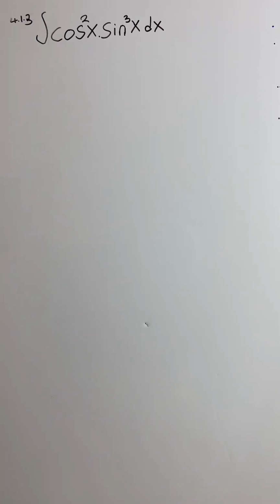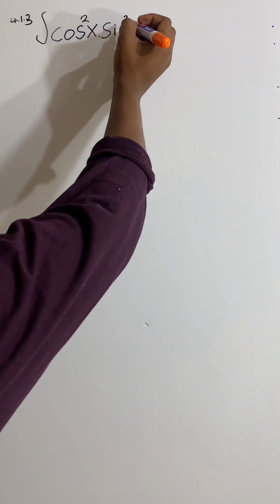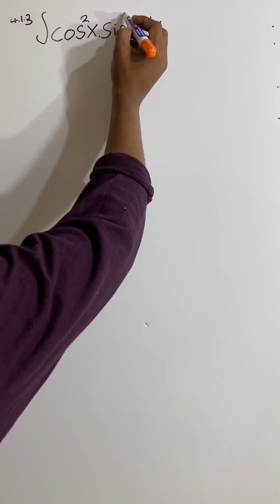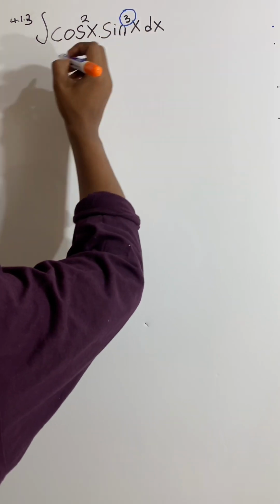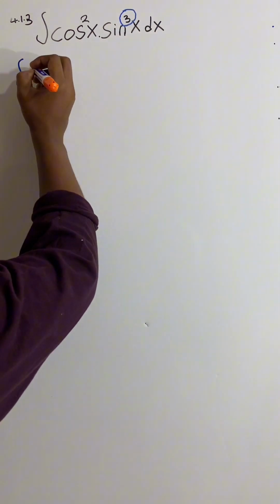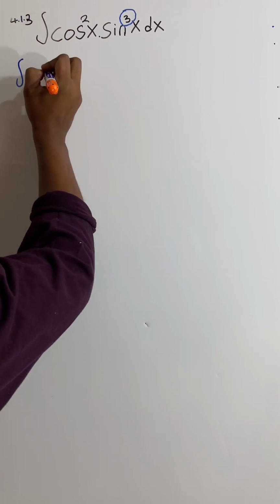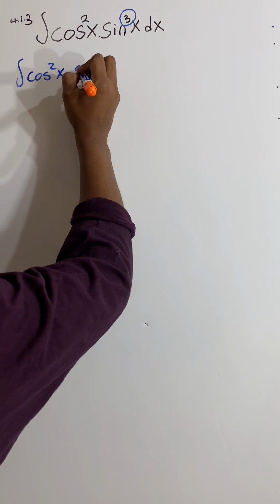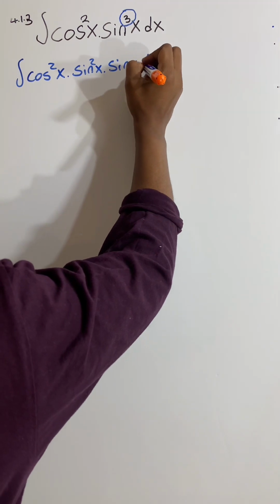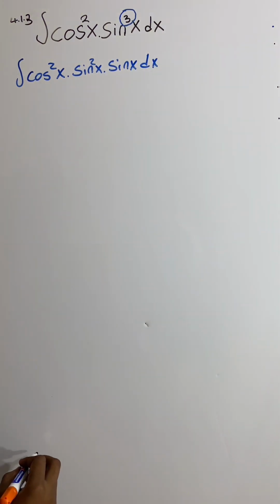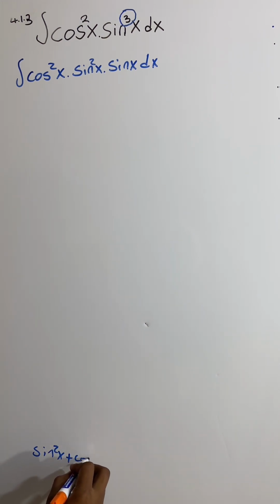4.1.3, we have to determine the integral of cos squared x multiplied by sin cubed x dx, and between the cos and the sin, the one which has an odd exponent, we have to break and convert. You can see that the sin has an odd exponent 3, so we will break the sin and convert it. So we break the sin as sin squared x multiplied by sin x dx, and we know that sin squared x plus cos squared x is equal to 1.